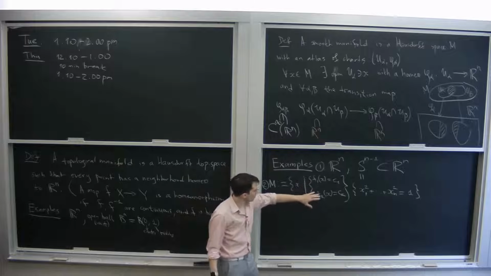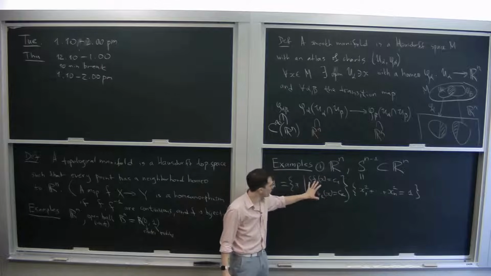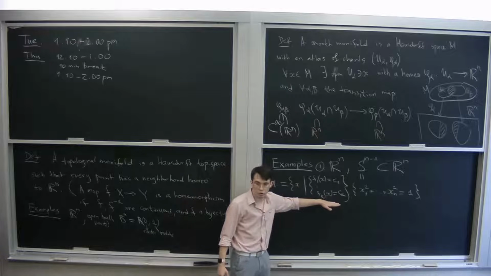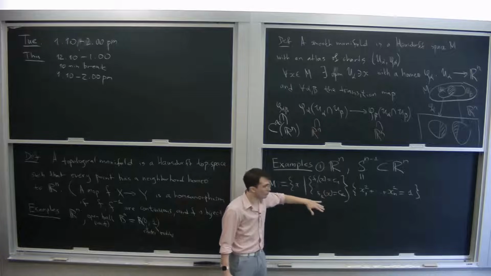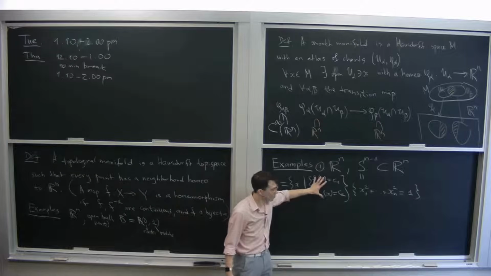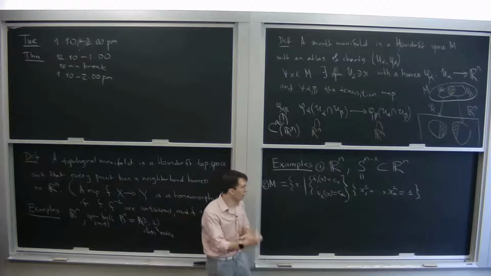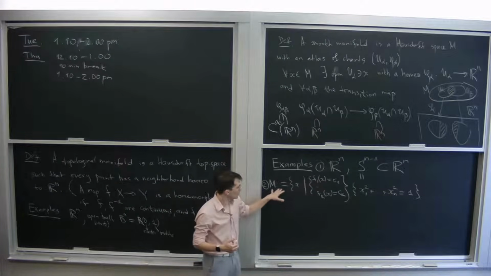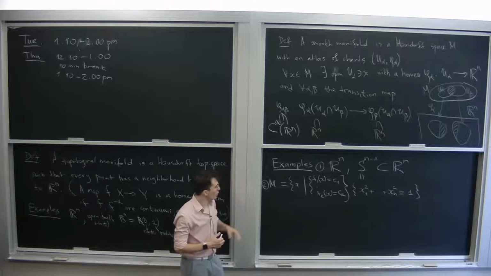To compute the dimension of this, one needs to differentiate every equation, and you will get a system of linear equations, right? Then you find the rank of this system, and this eventually gives you the tangent space to this submanifold in Rn.